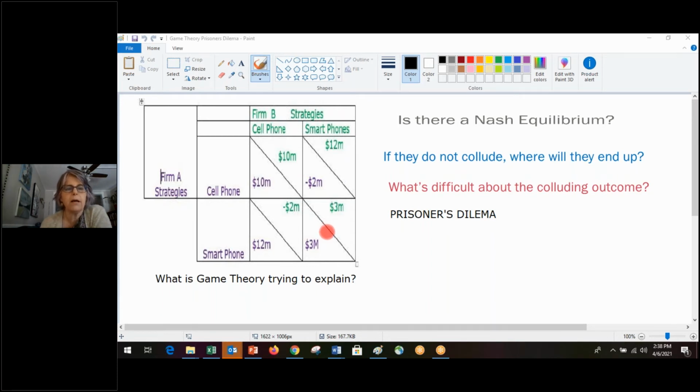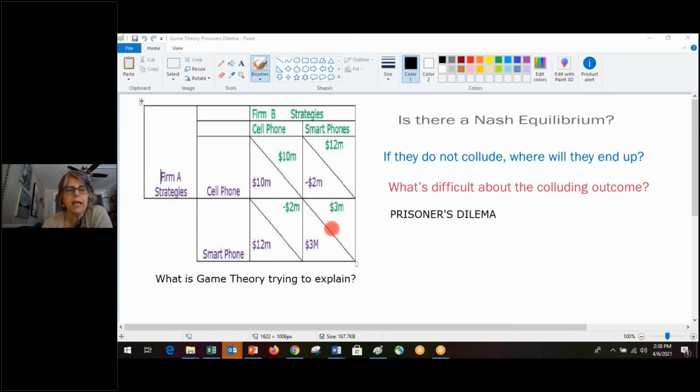One more time to show you that. The purple is firm A's outcome. They have $3 million. The only choice they have at this point is to change their behavior from smartphones to cell phones. They can move up here. If they moved up here, they would have -2, so they wouldn't want to do that. Firm B is the green outcomes. If they make smartphones and firm A makes smartphones, they can make $3 million.